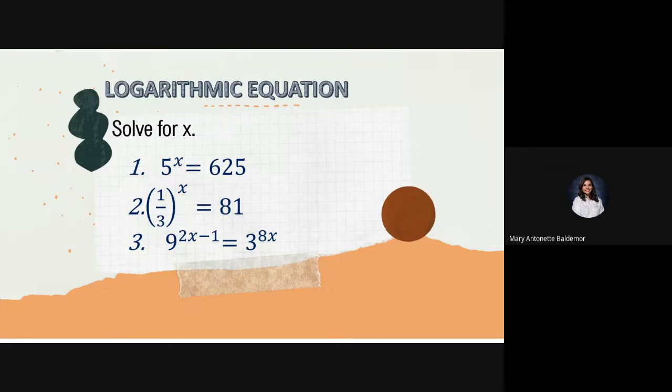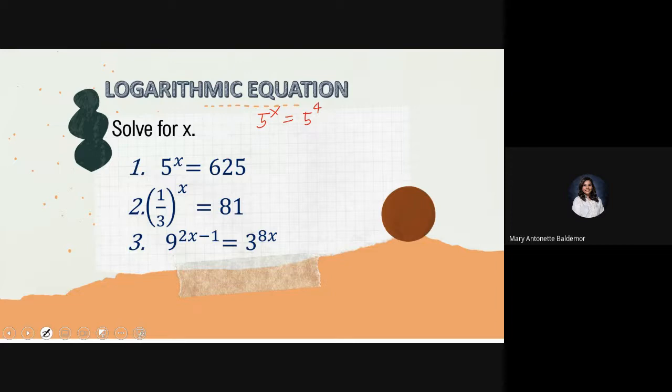Now you can use your calculator or you can use trial and error in getting the answer. Here, we know that 625 can be written as 5 raised to 4. Now since both of these numbers have the same base, we can now solve for the exponent.